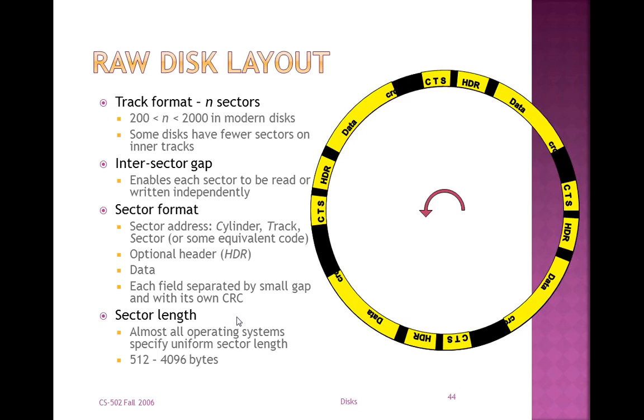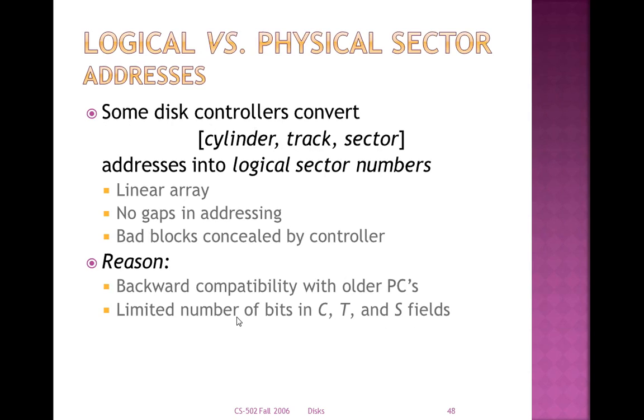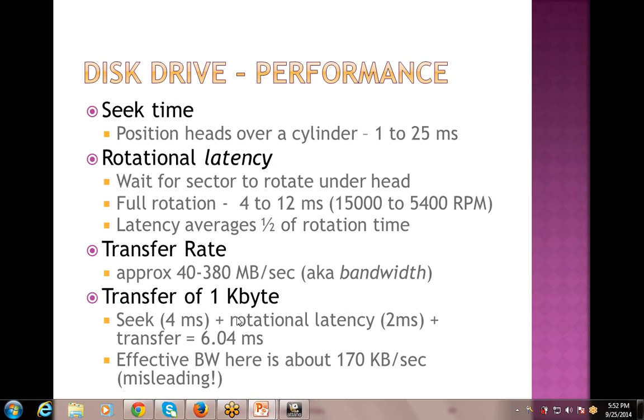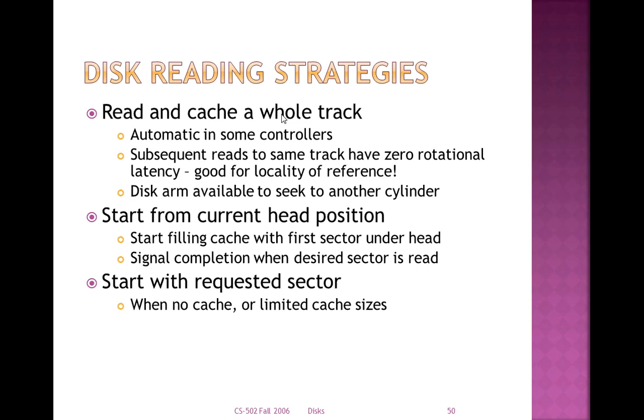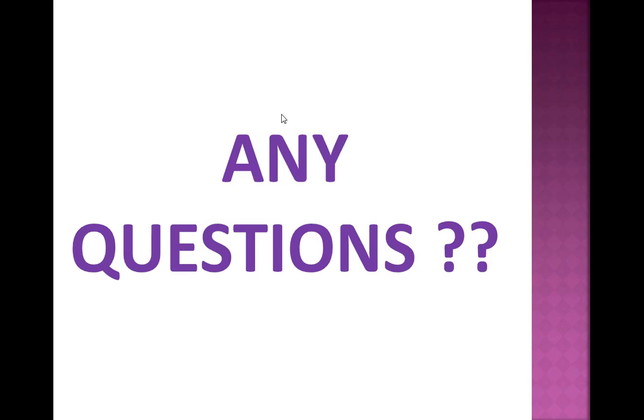These are the terms we have discussed: formatting, bad blocks, and how we can handle the bad sectors. This is the difference between logical and physical address. Performance of the disk drive. These are the strategies for reading content from the disk and for writing to the disk.